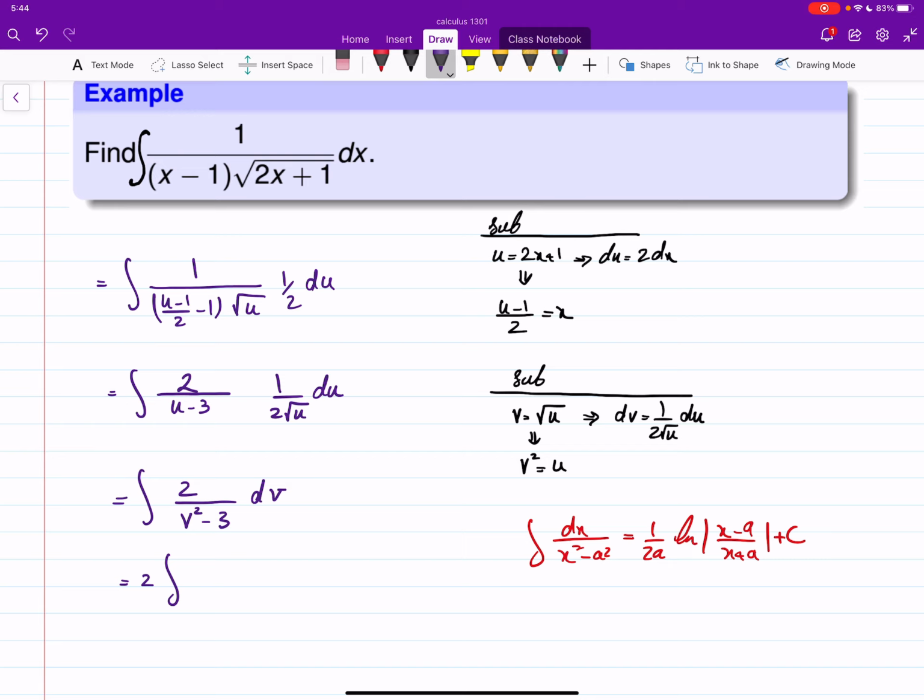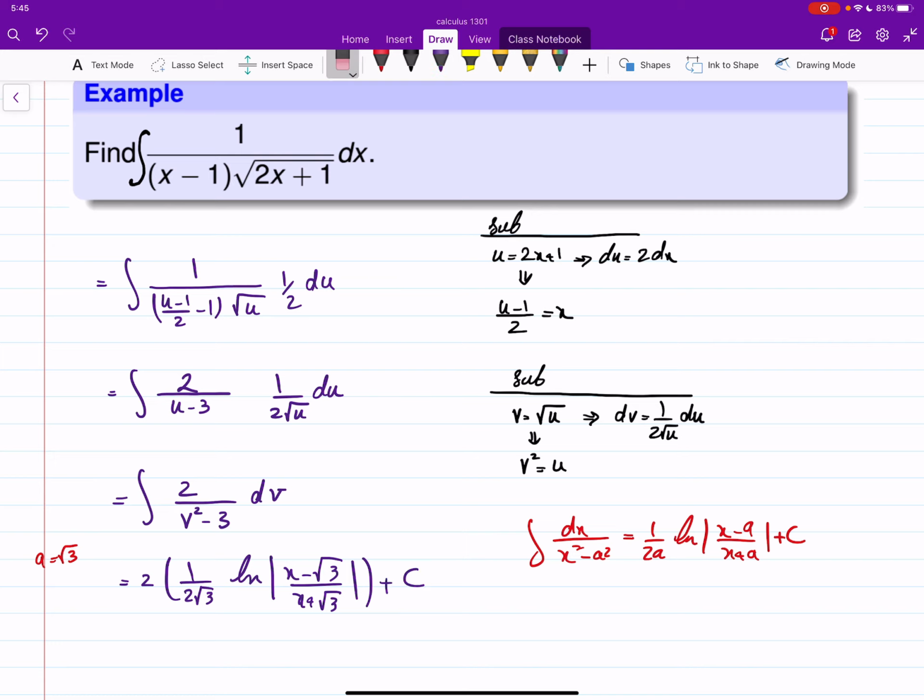So here a is indeed root 3. Root 3 squared is 3, yes? So then I don't need to do the integral, and I go straight to 1 over 2 root 3 ln of (x minus root 3) over (x plus root 3) plus c.